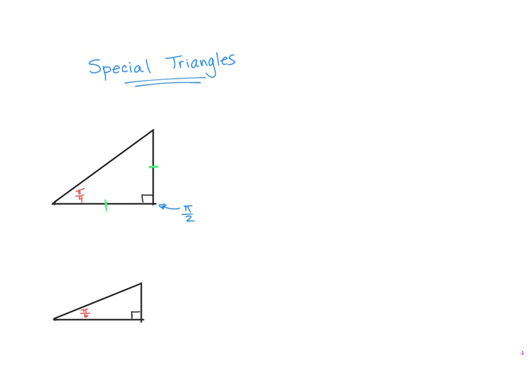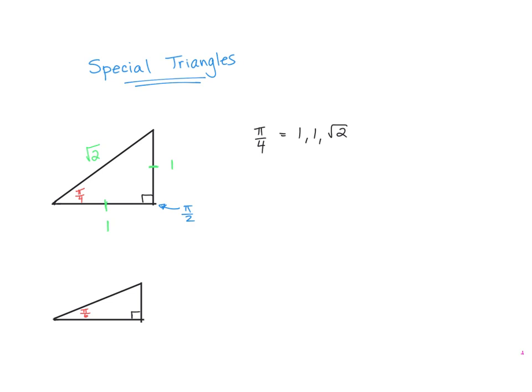So if I think about what those side lengths are, the easiest values to think about would be 1 and 1. If I use Pythagorean theorem, I find out that my hypotenuse is root 2. So there we have it: our pi by 4 triangle gives us side lengths of 1, 1, root 2.